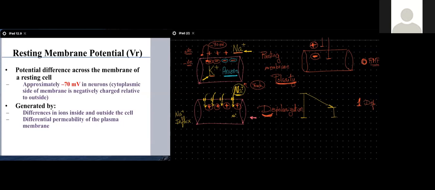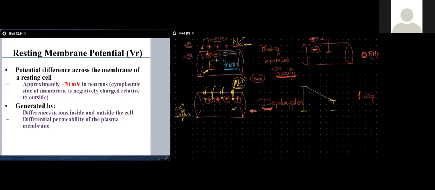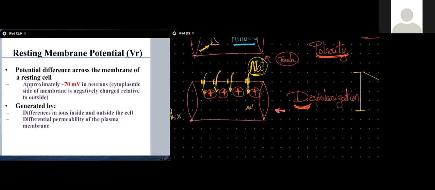In order for me to send another signal through the same cell, I need to do what? Can I become positively charged on the inside compared to the outside while I am already positively charged? What do you think?